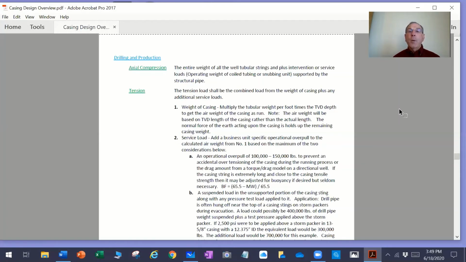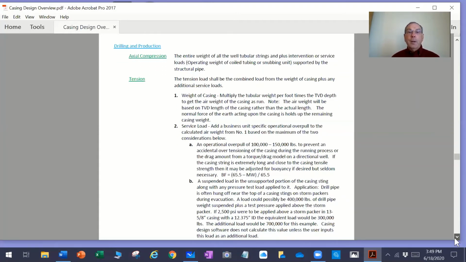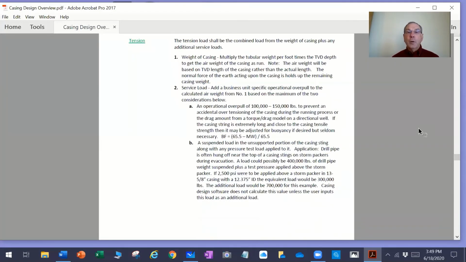So the maximum weight you would ever have on the hook load is the TVD depth times the air weight of the casing. The normal force on a directional well would support any other additional load. And then number two is the service load. The service load could be quite a bit of additional load. So I put an A and a B here.